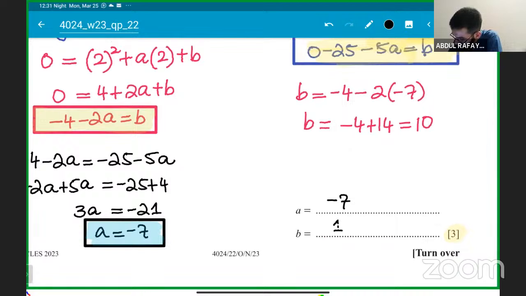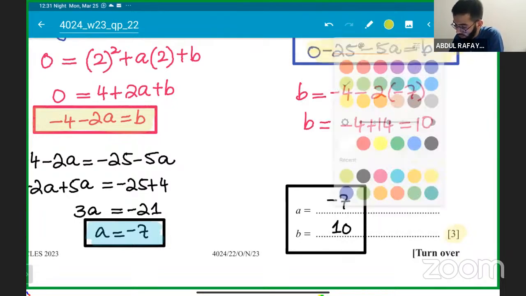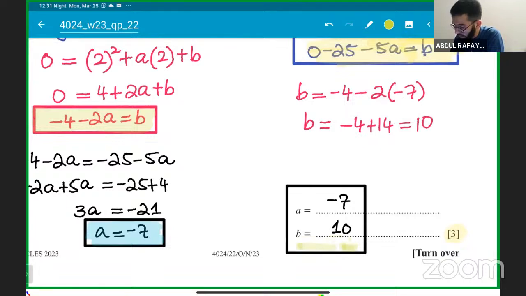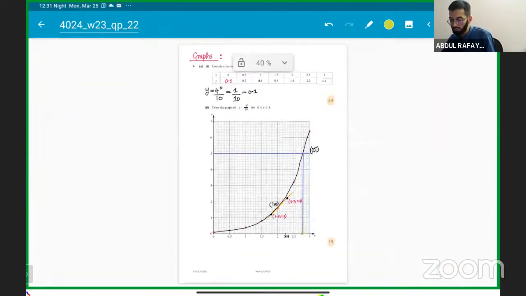So a is negative 7 and b is 10, which is our answer. Here we go, we got the answers. This completes our question number 6 out of the 11 questions, and we have solved more than 50% of the paper as well. Everyone got this clear?